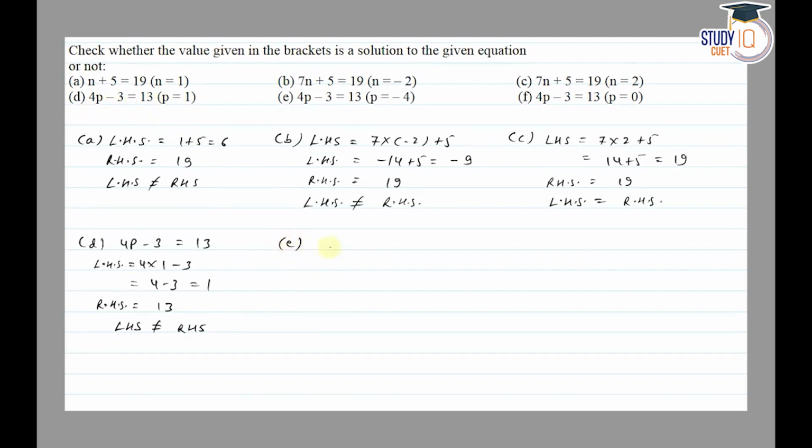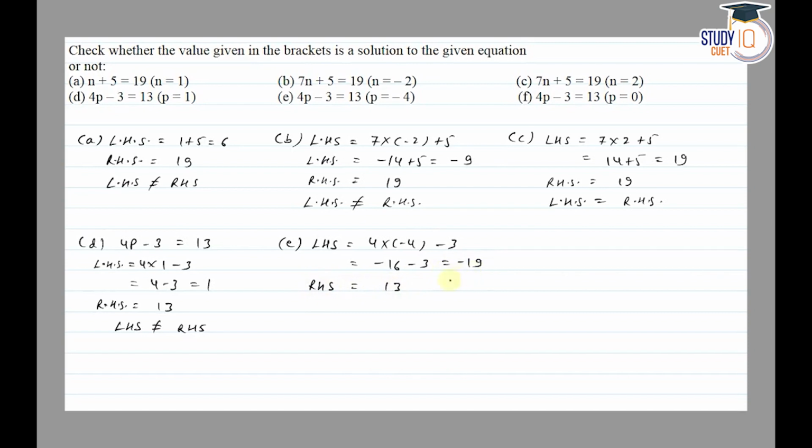Then part E is 4p minus 3 is equal to 13, and the value of p given is minus 4. So we will put the value in the LHS: 4 into the value of p, minus 4, minus 3. So it becomes 4 into minus 4, minus 16 minus 3, is equal to minus 19, and the right hand side given is 13.